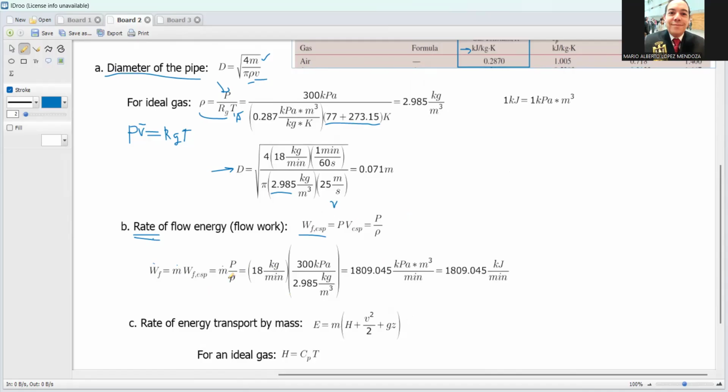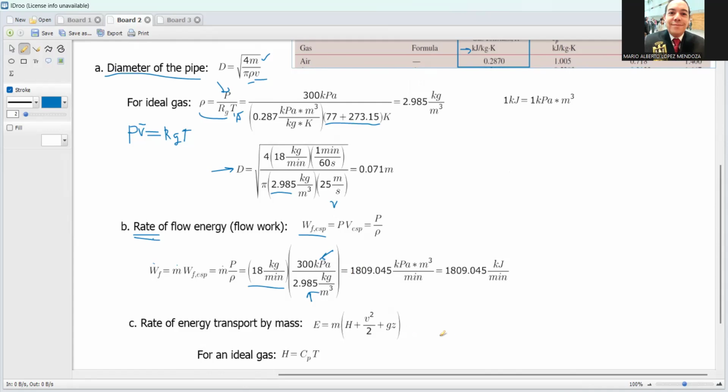In this case, the unit conversion is not required because I can state the rate in energy units per minute. So we substitute the mass flow rate, the pressure of the air, and the density that we have just estimated.